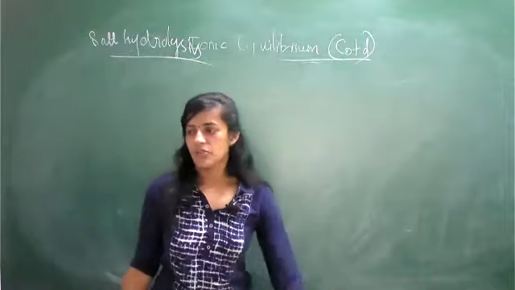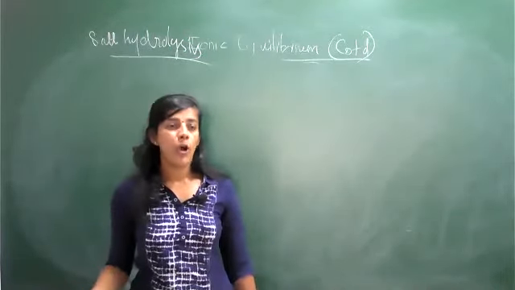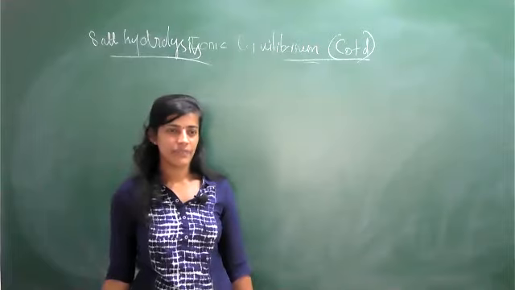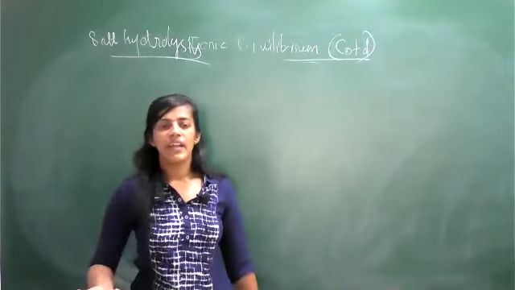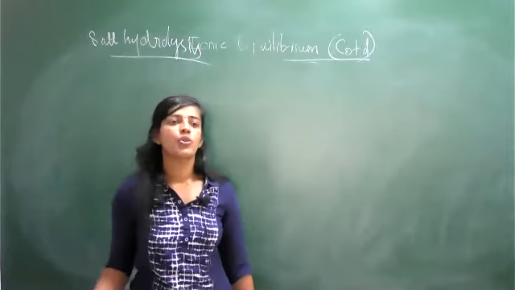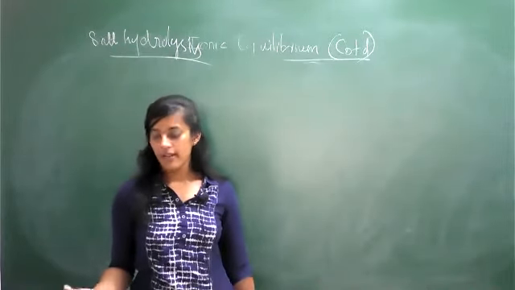In this chapter, students, salt hydrolysis is very important. Next is the common ion effect. We already discussed it, but with the help of more examples I want to explain more. Buffer solution is there: acidic buffer, basic buffer, very important.